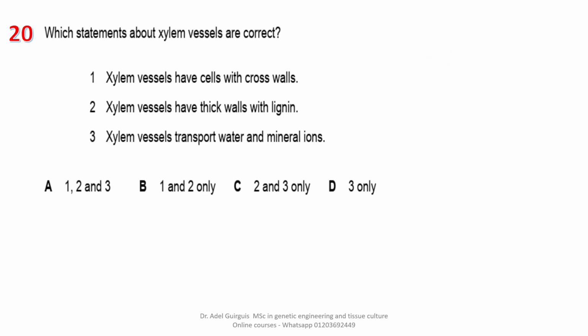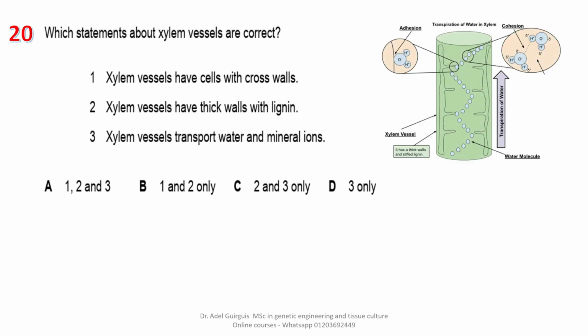Number 20. Which statements about xylem vessels are correct? Xylem vessels have cells with cross walls. Xylem vessels have thick walls with lignin. Xylem vessels transport water and mineral ions. Look, this xylem vessel has a thick, lignified cell wall. Its function is transport of water and dissolved mineral ions, and support.